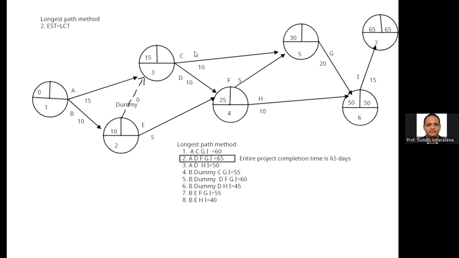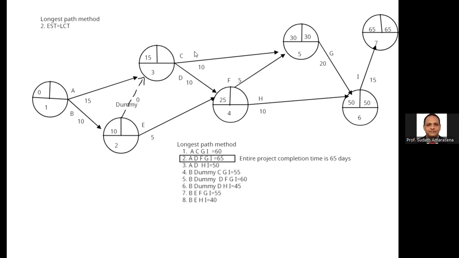Okay, let's go to event number 5. How to calculate: 50 minus 20 is 30. When I calculate event number 4, now you can see the problem. There are two arrows backward, one via F and one via H. You need to get both values, compare them, and select the least one. 30 minus 5 is 25.